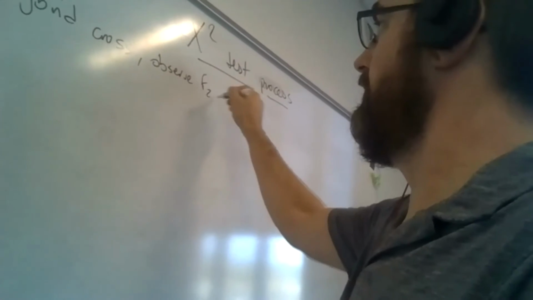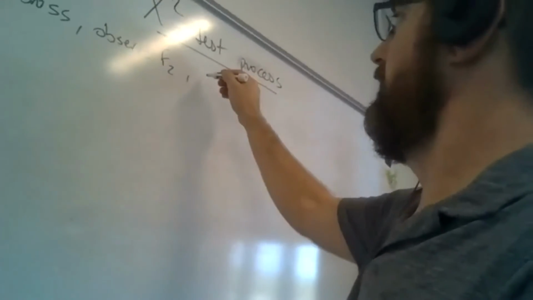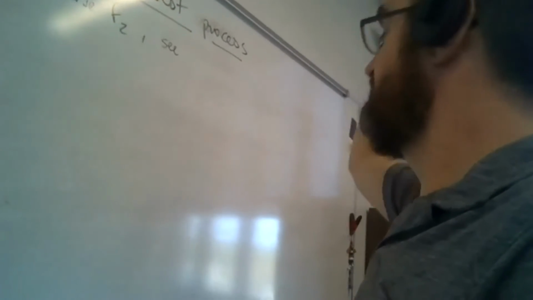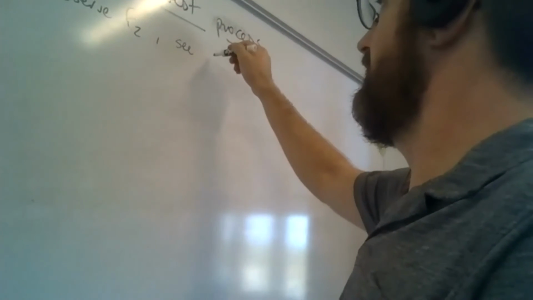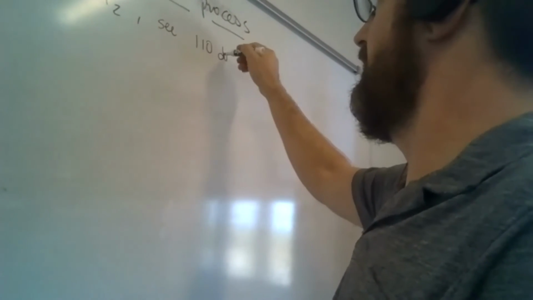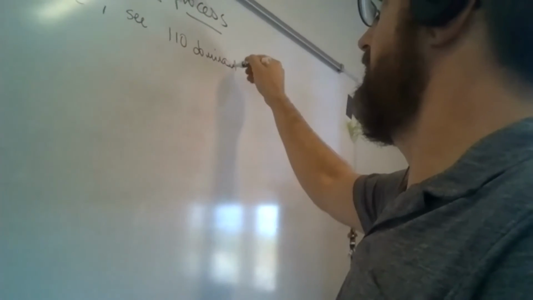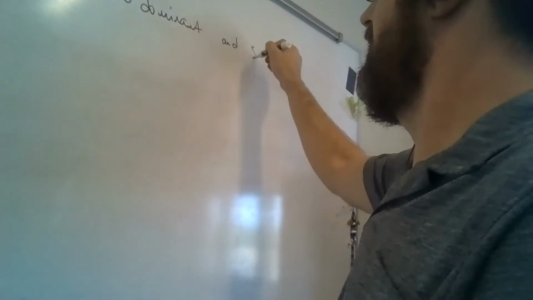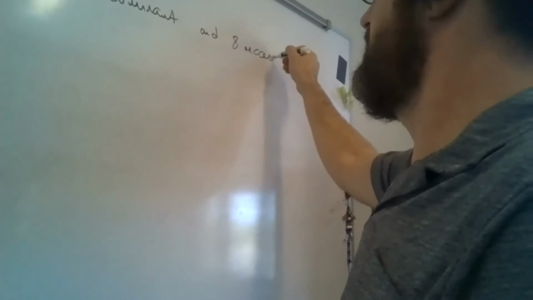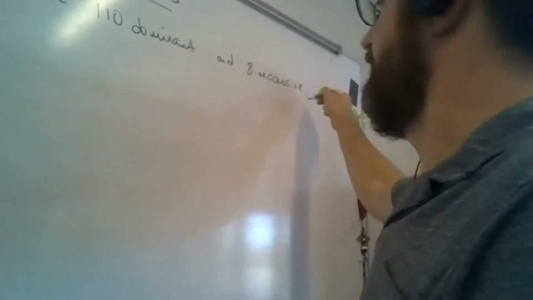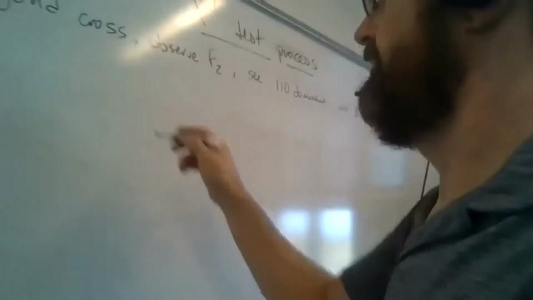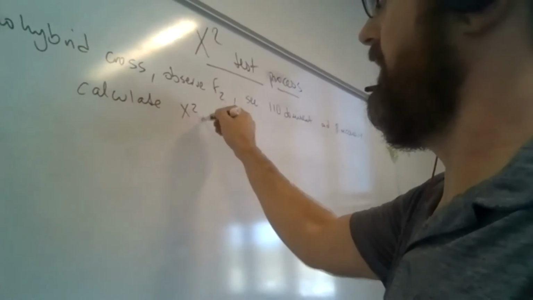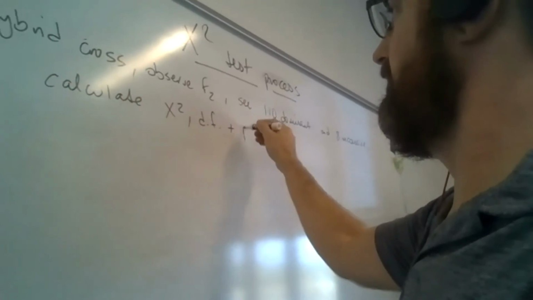Observe F2. Let's say 110 dominant and 8 recessive. Calculate chi-square, df, and p-value.